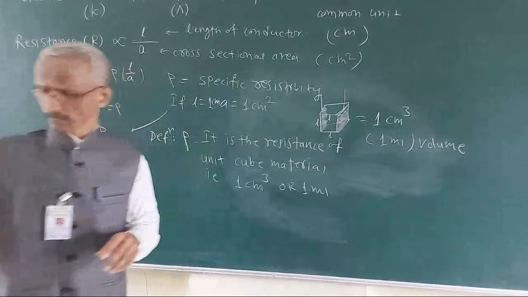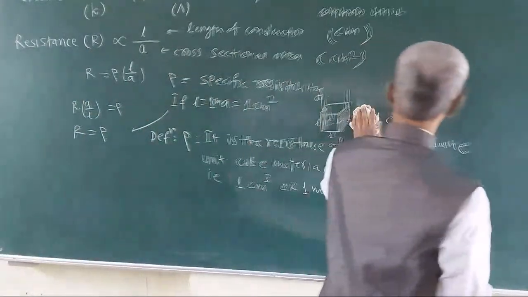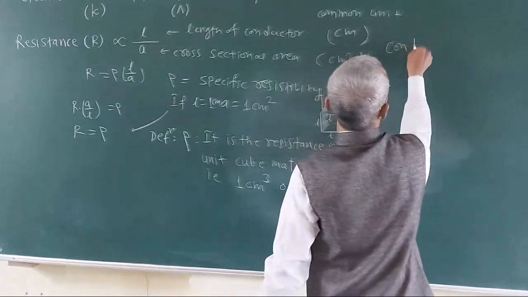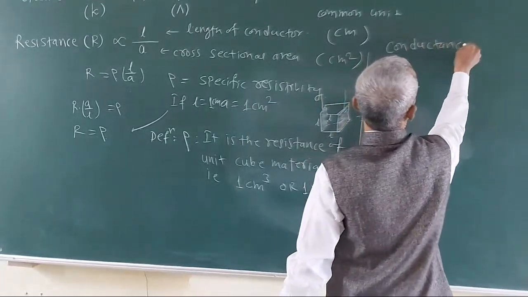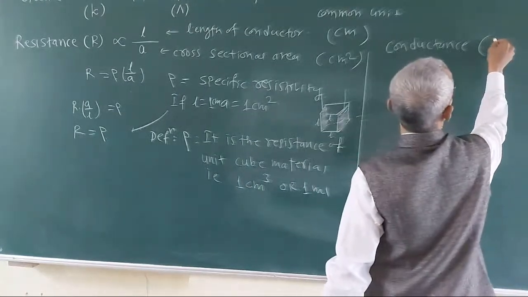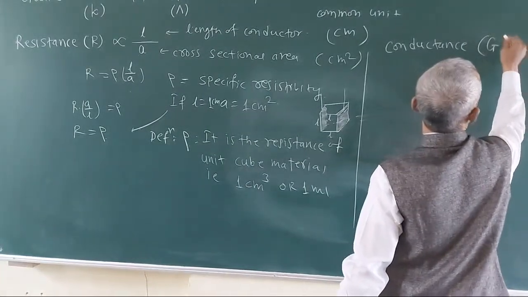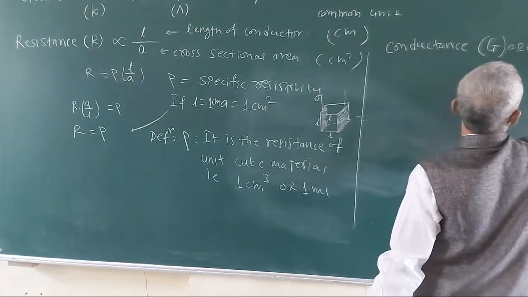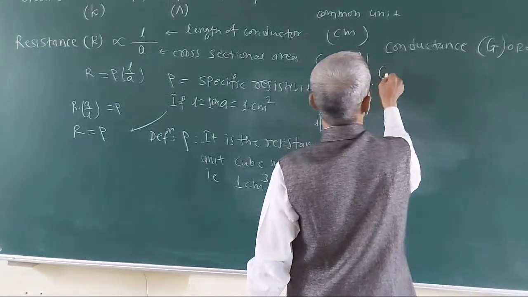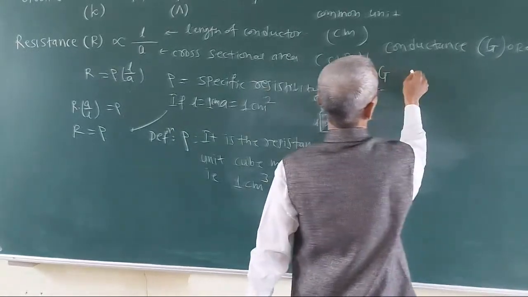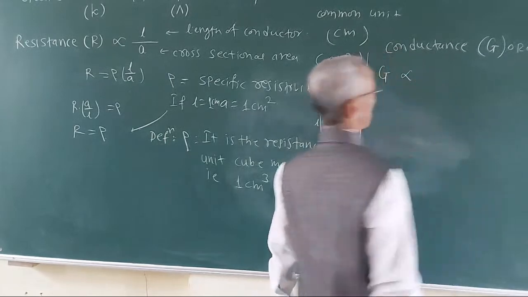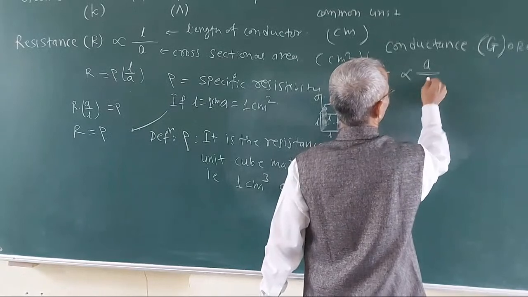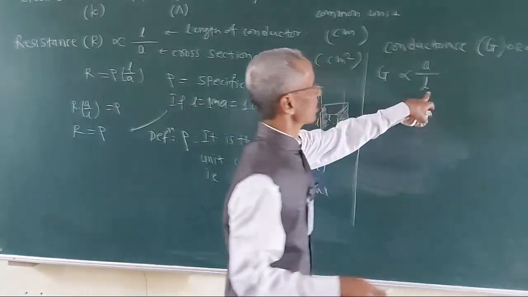Similarly, one can also consider the conductance. It can be denoted by G. Now the conductance of the conductor is directly proportional to the cross-sectional area and inversely proportional to the length of the conductor.